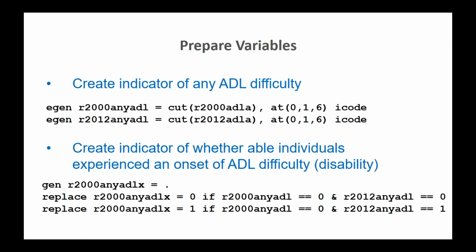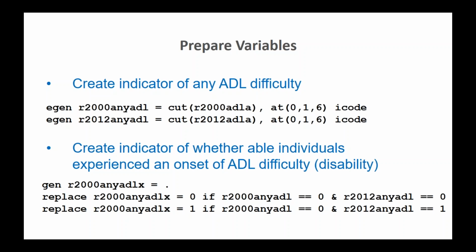So of course that's going to exclude a lot of people. People can drop out of the sample for multiple reasons, and particularly if we're going to do a more thorough analysis, we want to look at who's dropping out. Whether there's higher levels of ADL difficulty in 2000 for people who dropped out than people who stayed in. That could really bias some of our results.